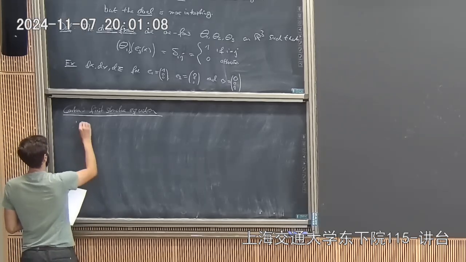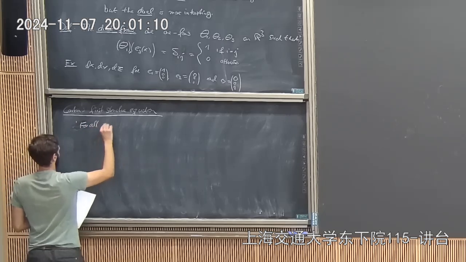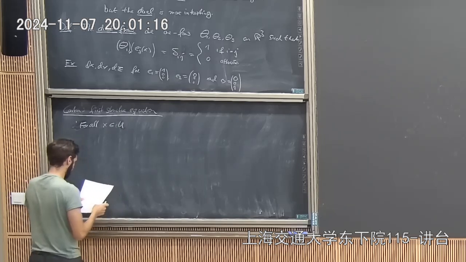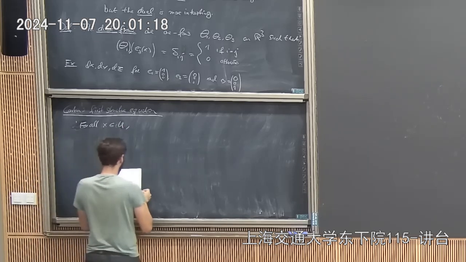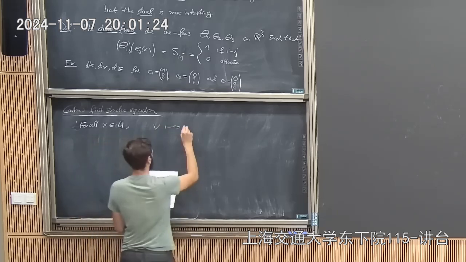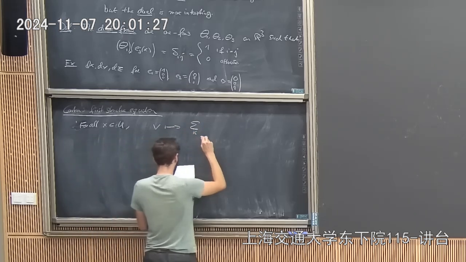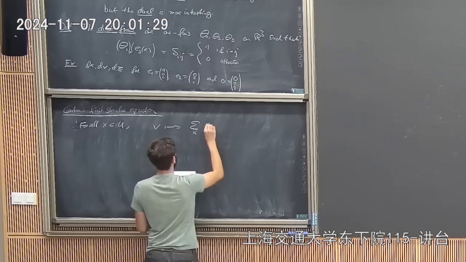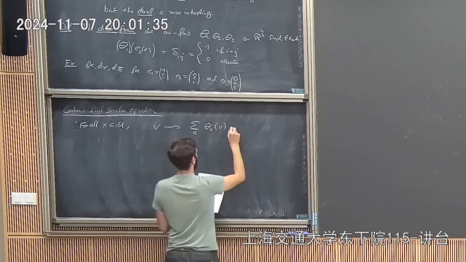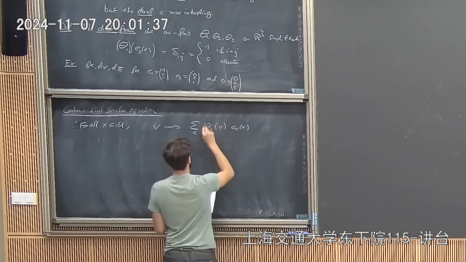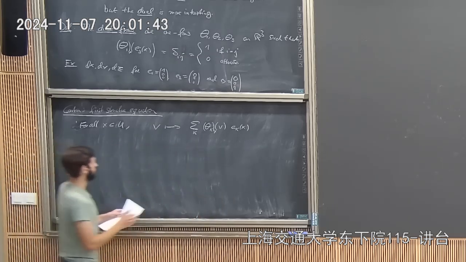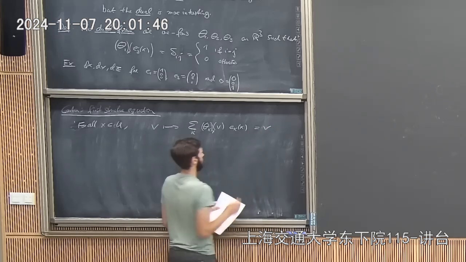So note that for all x, say in an open subset where the frame was defined, we have that v maps to the sum over k of theta_k(v) e_k(x). This one is just the identity. So this one is v again.